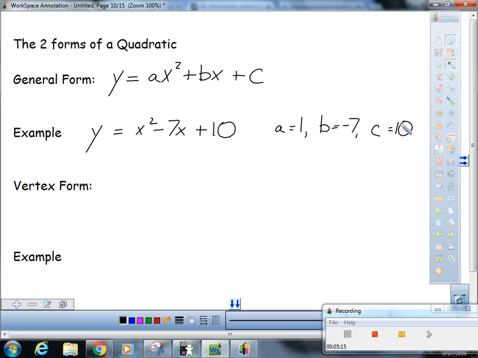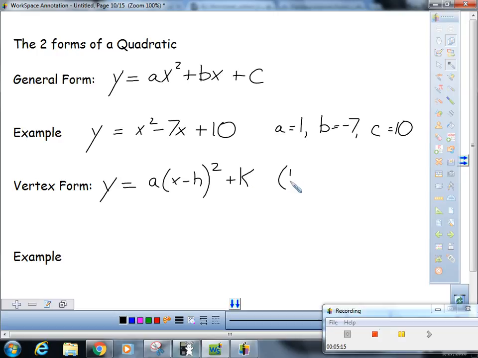Now we'll do vertex form, okay? Vertex form is y equals a times x minus h quantity squared plus k. Now, what you should know for this is that a cannot be 0. Okay? A cannot be 0.